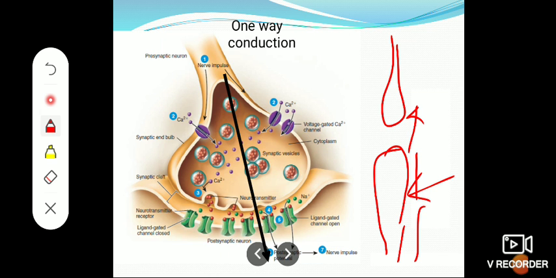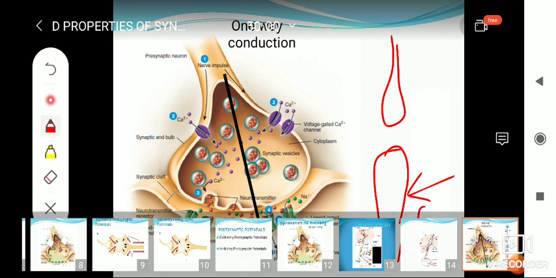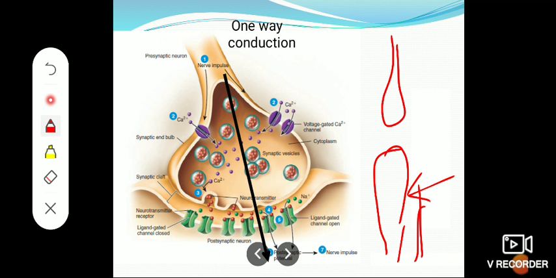The reason is that we don't have synaptic vesicles here, we don't have the neurotransmitters. So if you excite this, the impulse will go from here to there only. There is conduction in this direction, not in this direction.